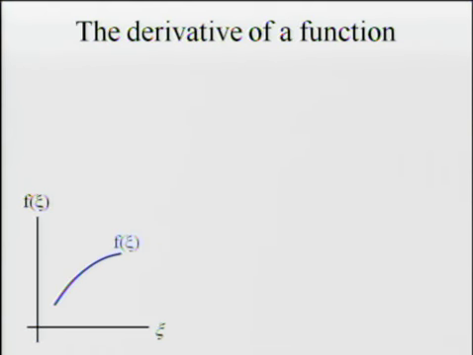Therefore, you will probably comprehend it better. So let's say, and I made a plot here of the function. It's just a fragment of the function. Xi is the variable. F of xi are the values of the function. So for this value of the argument, I will have this value of the function.